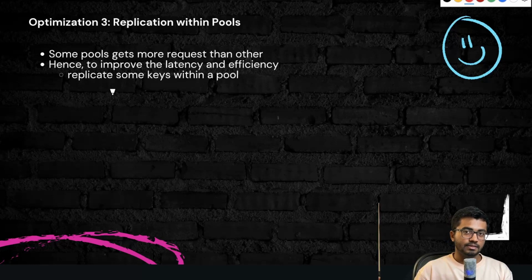And this is leading to bottlenecks of the Memcache server, because it's eventually a server, right? It can process a limited number of requests per second. If it's being overwhelmed by a lot of requests, that is a big problem because it's affecting the whole performance. So we need to replicate within the pool so that we have reduced the load on the database.